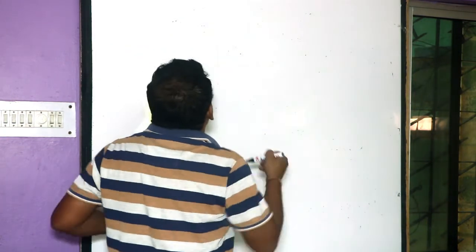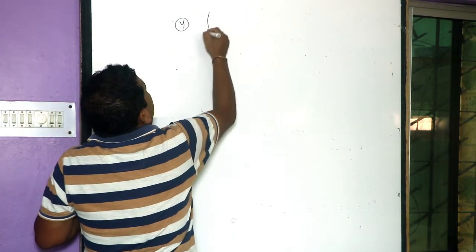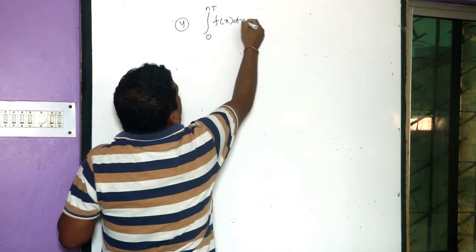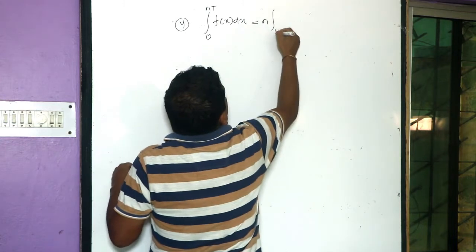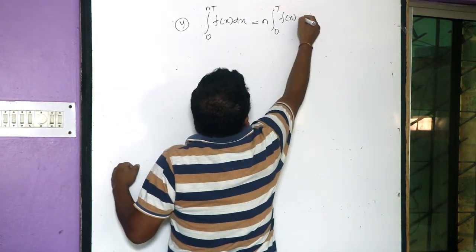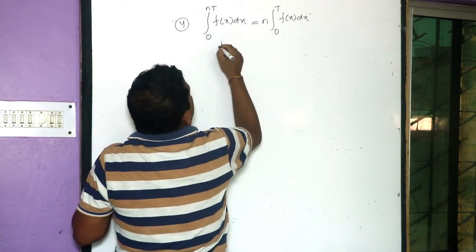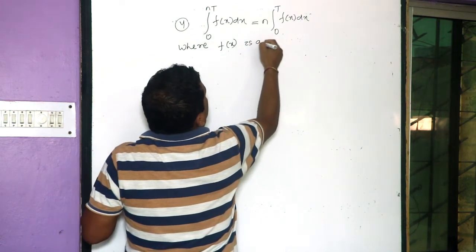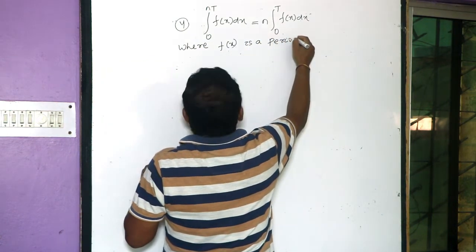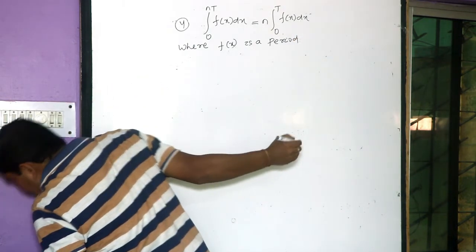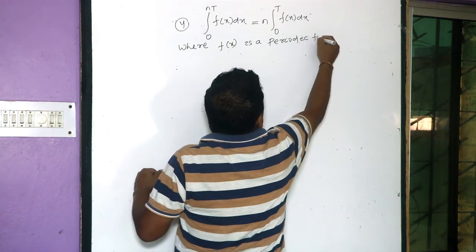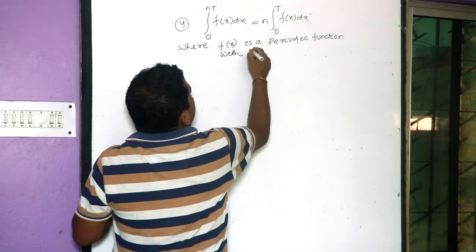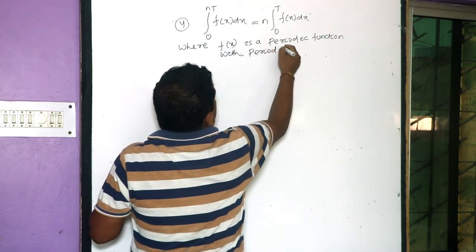Last, property number 4. The integral from 0 to nt of f(x) dx equals n times the integral from 0 to t of f(x) dx, where f(x) is a periodic function with period t.